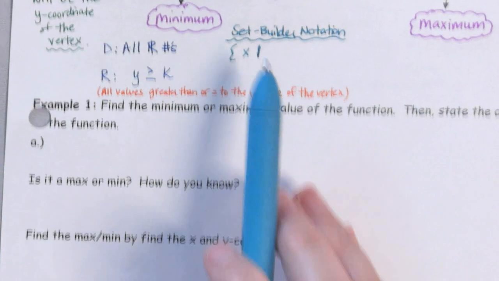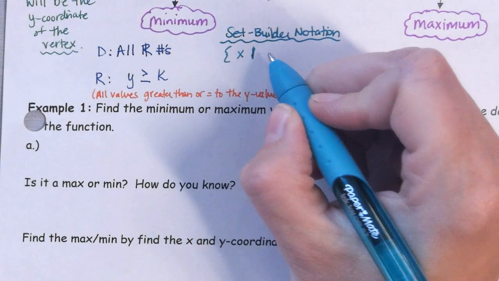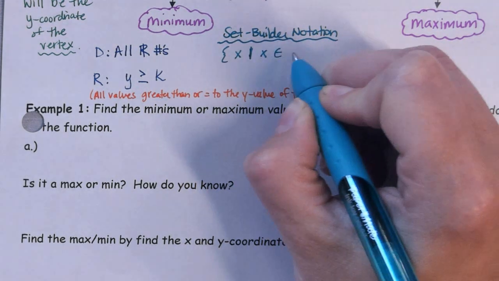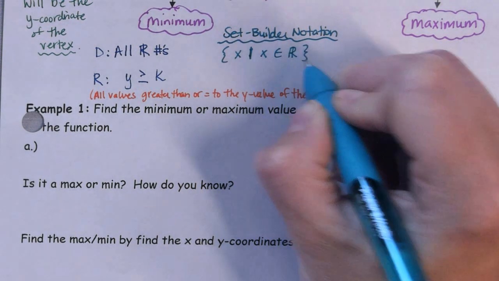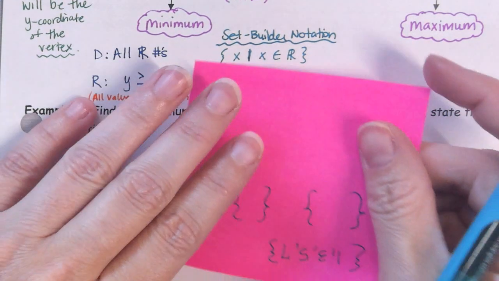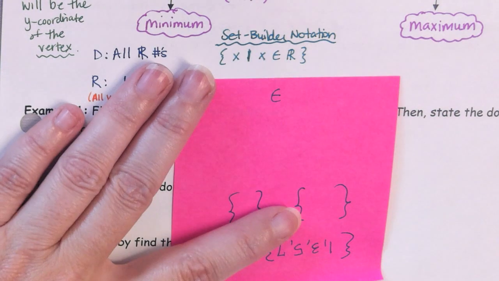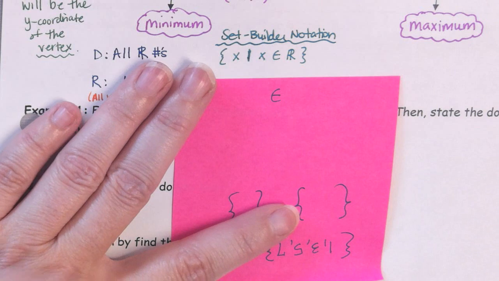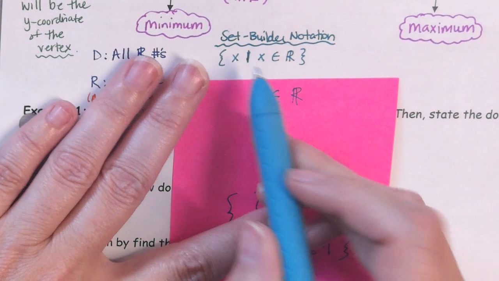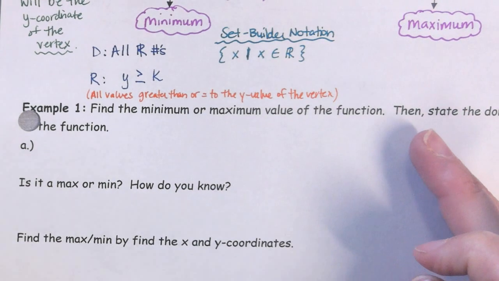So what this means is all values of X such that X is an element in the real number set. So look at all of those beautiful symbols. This is like a soft E, it means element. Then we have the R for the real number set. Okay, so all values of X such that X is an element in the set of real numbers.